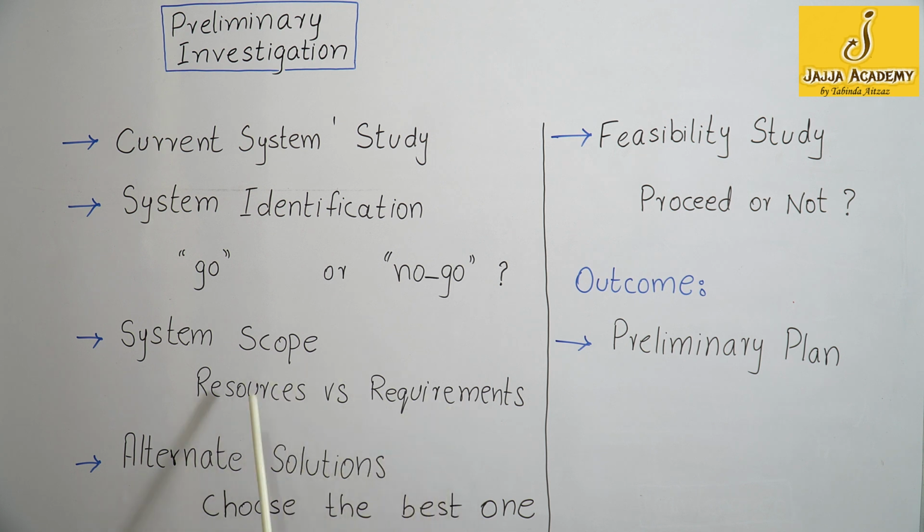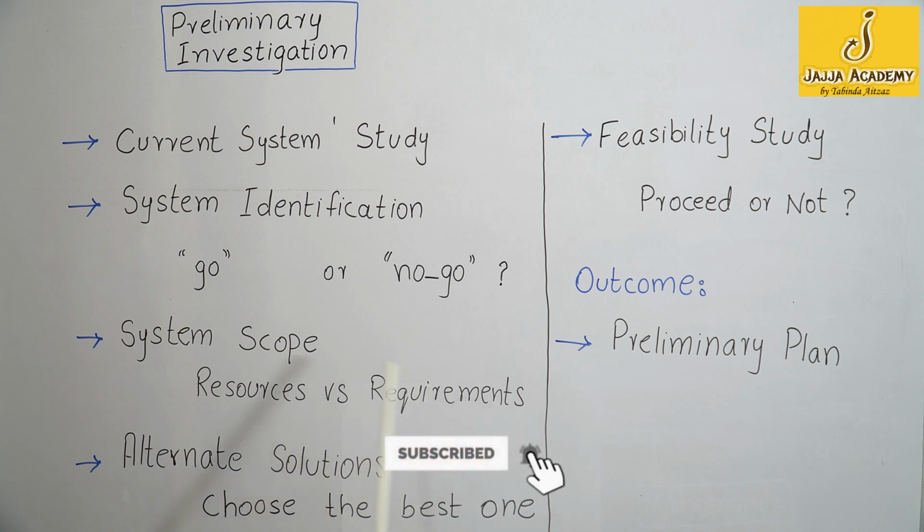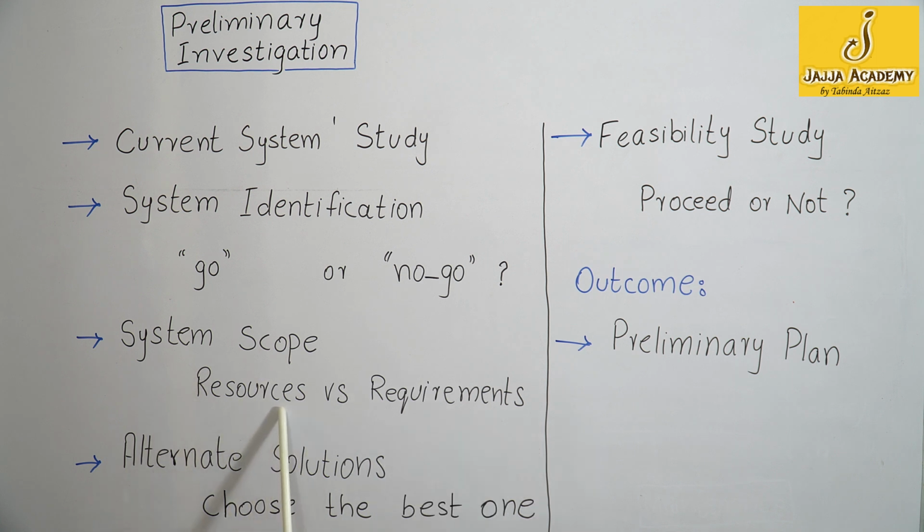If there are sufficient resources to fulfill all the requirements by users, then there is no problem. But if the requirements need more resources than those available, then the software team has to limit the scope of the proposed system. After defining the system scope, the team will go for alternate solutions.